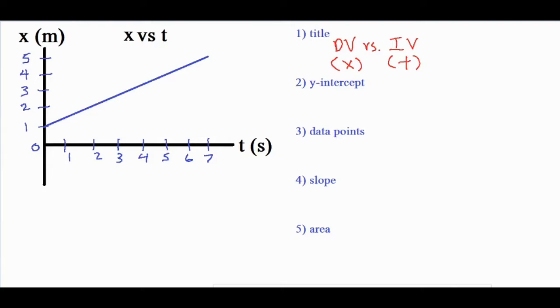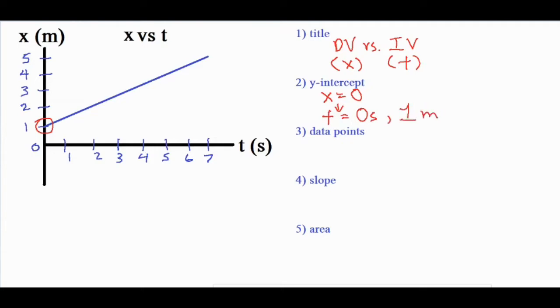Okay, so that's the title. Number 2, the y-intercept. The y-intercept is right over here. It is basically where the line bumps into the y-axis, where x is 0. So x as in the x variable, not x as in the position. When x is 0, we really mean where the time equals 0 seconds. So at time equals 0 seconds, my y-intercept is 1 meter.